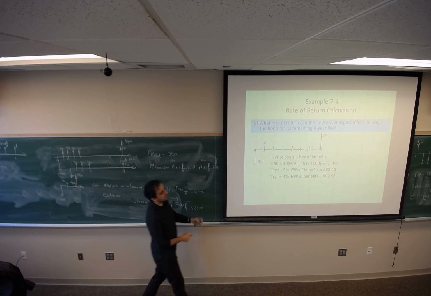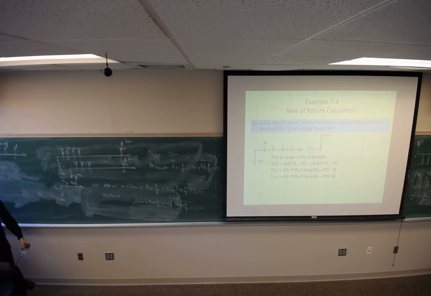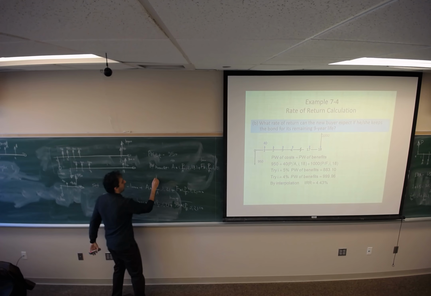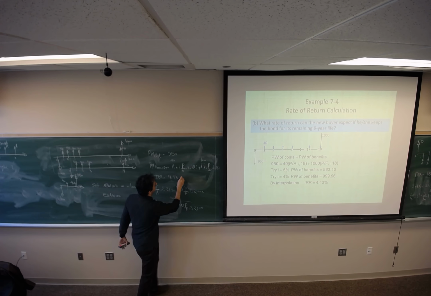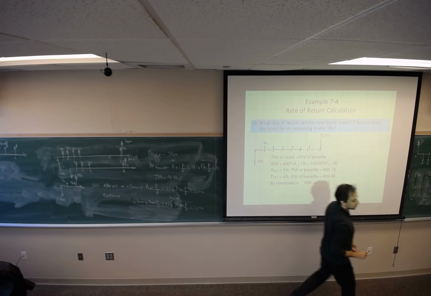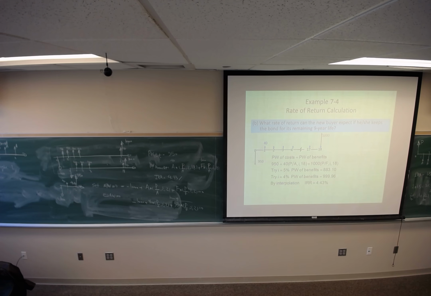I don't show the process, but by linear interpolation, you will find an IRR of 4.43% per 6 months. It's very important. It's per 6 months, not per year.